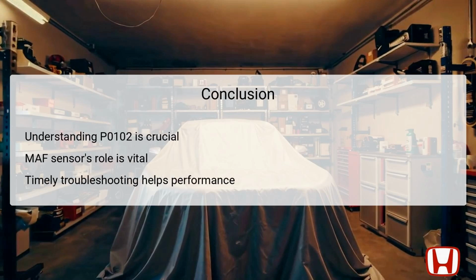In summary, understanding DTC P0102 is critical for maintaining the performance of Honda Accord models from 2012 to 2017. The MAF sensor serves an essential role by accurately measuring the intake air needed for optimal fuel efficiency and engine performance. When faults occur, timely troubleshooting can mitigate further complications, ensuring the vehicle runs efficiently.